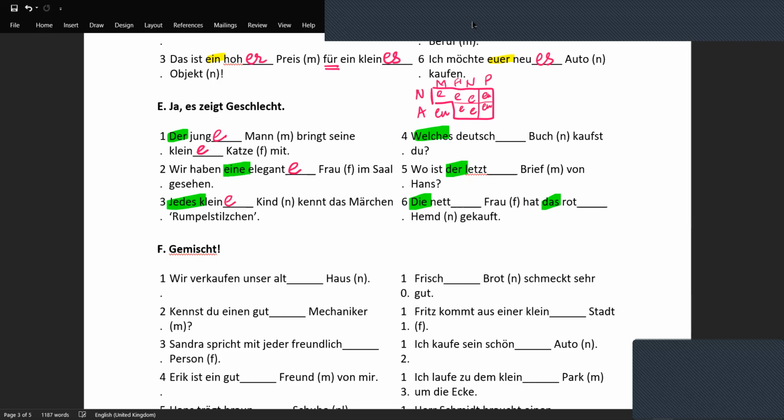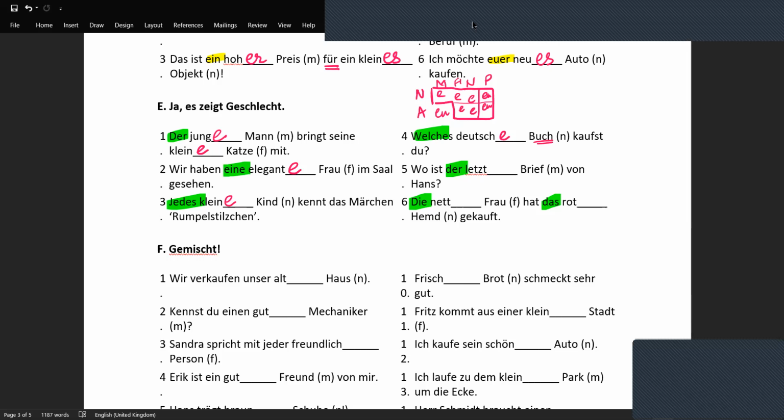Could you try the next 3 sentences? Okay, it's welches Deutsche. Mhm. It's a plural, nominative plural, right? Buch is not plural. Buch is singular. Okay, it's not wrong.